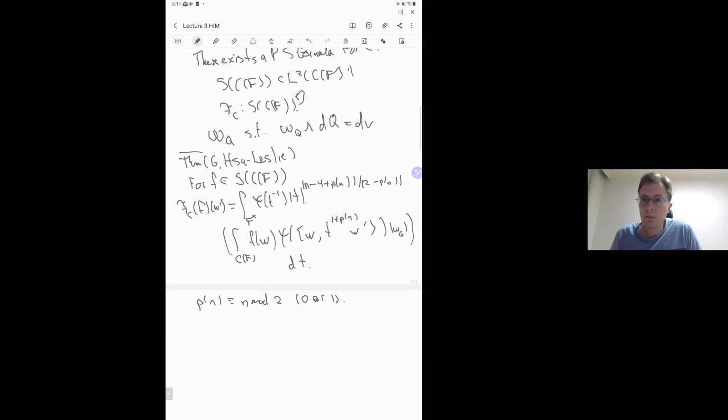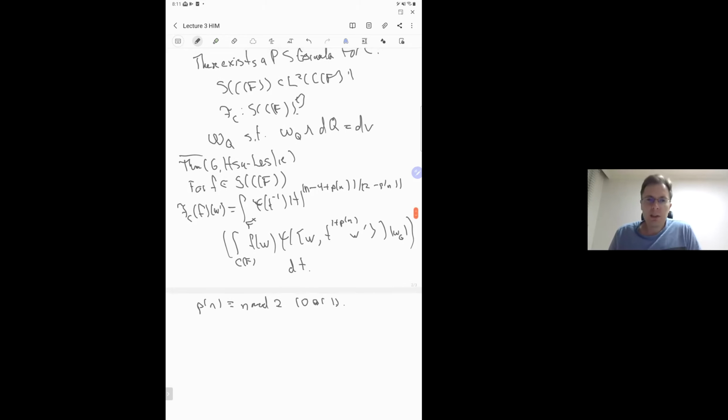What is the content of this theorem? It seems like this is a definition. No, the left-hand side has an a priori meaning. So the real content of this theorem is that the Fourier transform was actually defined in a different way originally that I haven't given you.